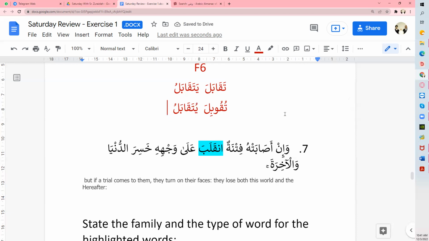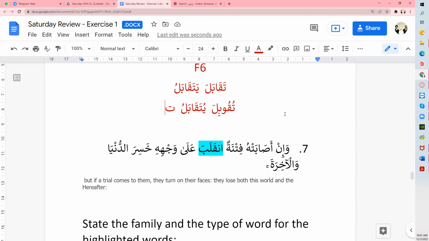Taqabala yataqabalu. Yatafa'alu. This is ta'awana. So it becomes, with qaf, ba, and lam, instead of ta'awana... sorry, that's not the masdar.